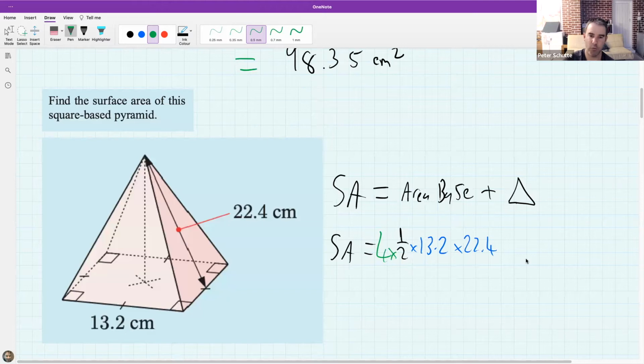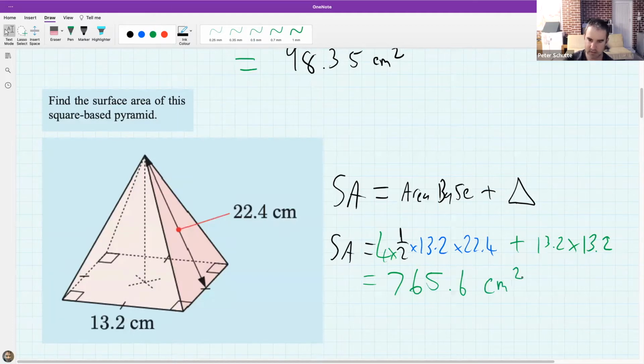So I times it by 4, plus the area of the square is just 13.2 times 13.2. So what do we have as our final answer? What I get is 765.6 centimeters squared.